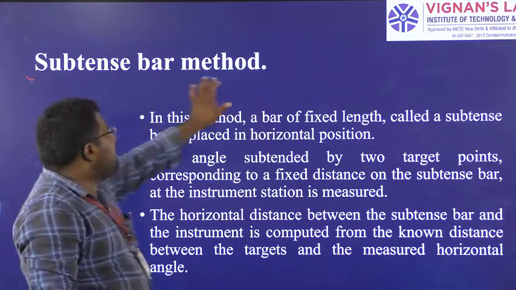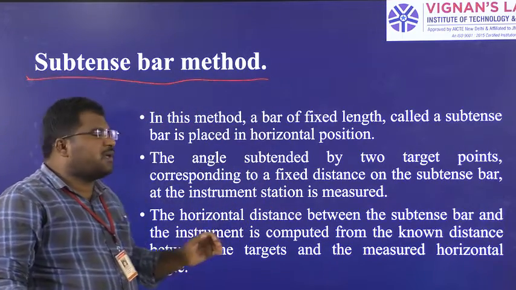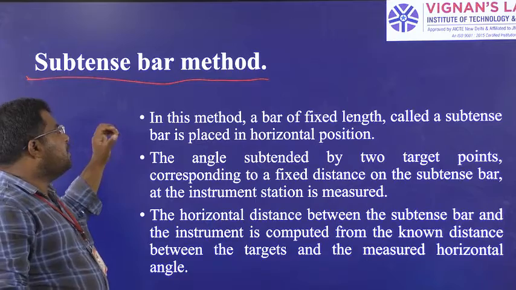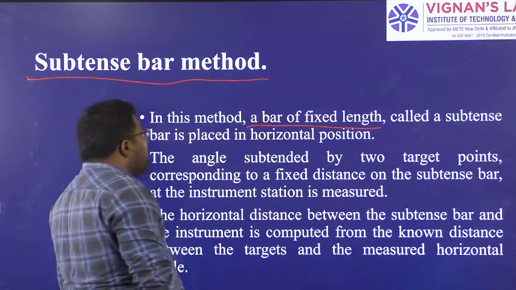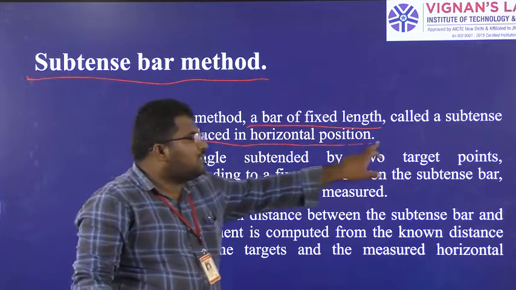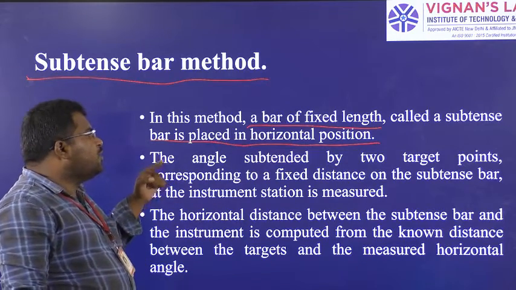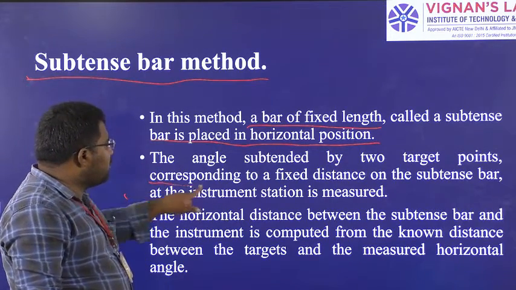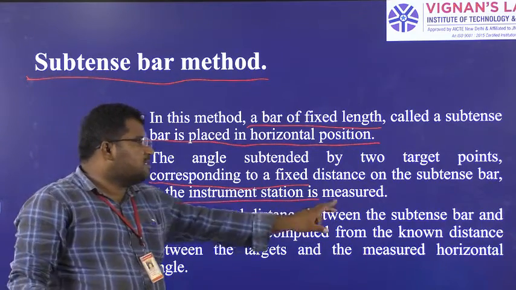Next, the second method in the non-stadia system, that is the subtense bar method. Here, a bar of a fixed length, called the subtense bar, is placed in a horizontal position. Next, the angle subtended by two target points, corresponding to a fixed distance on the subtense bar, at the instrument station is measured.